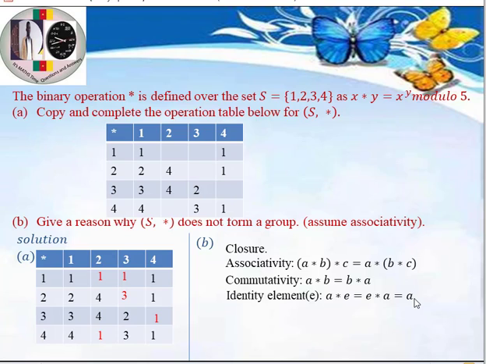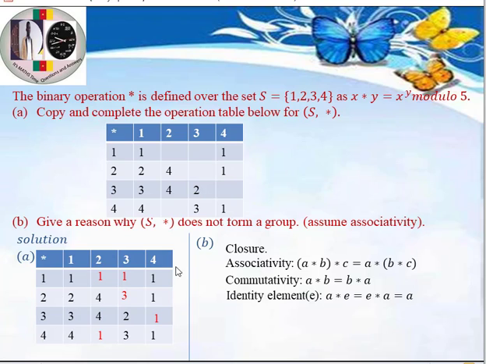If 1 is the identity element, then if I pick any element, let's say 2, 2 star 1 should be equal to 1 star 2, which should give me 2. If we look at this table keenly, we see that none of these elements is an identity element. We don't have any identity element.